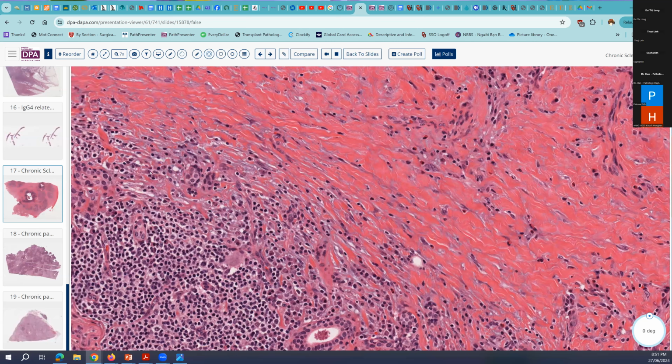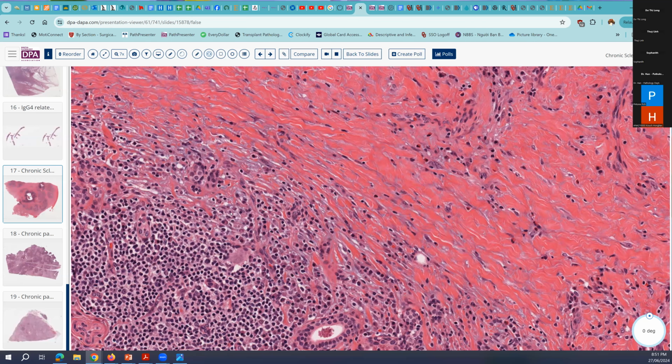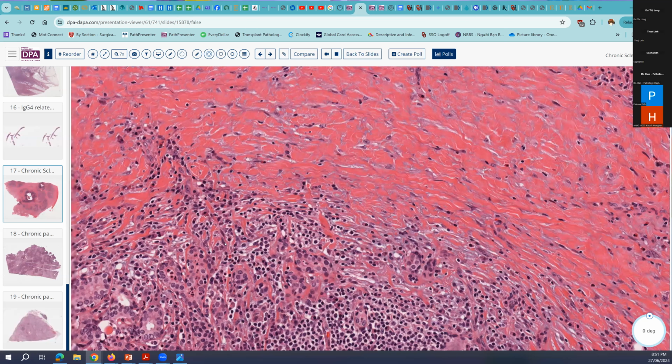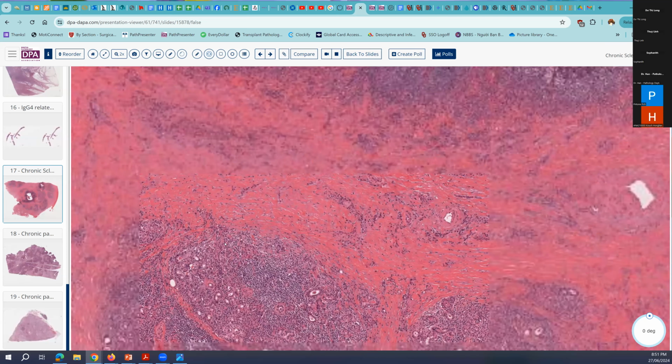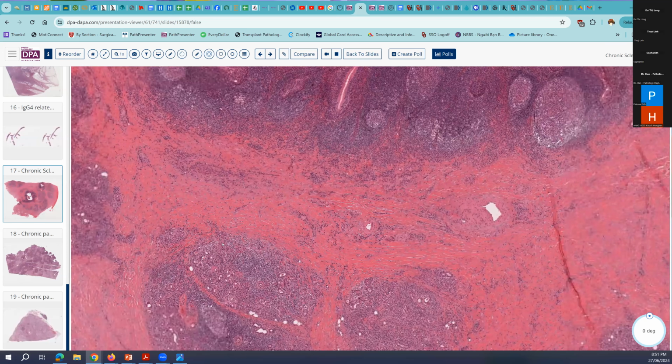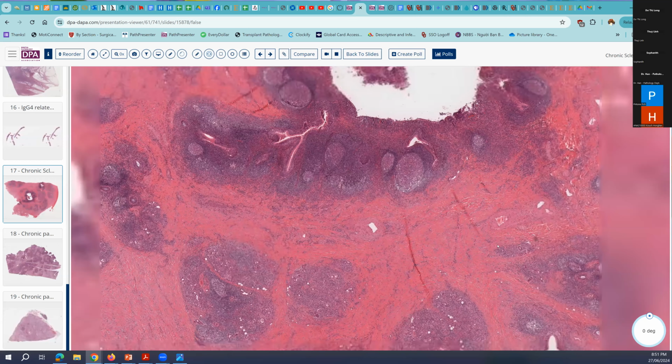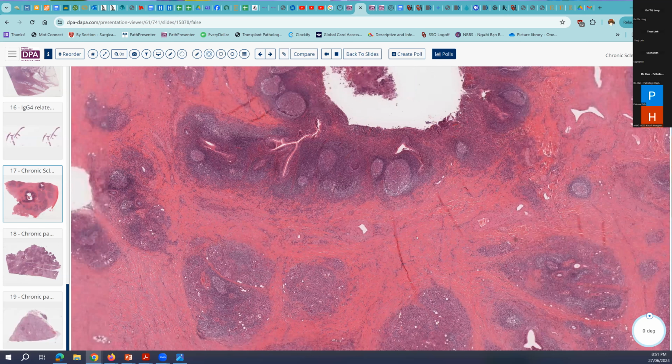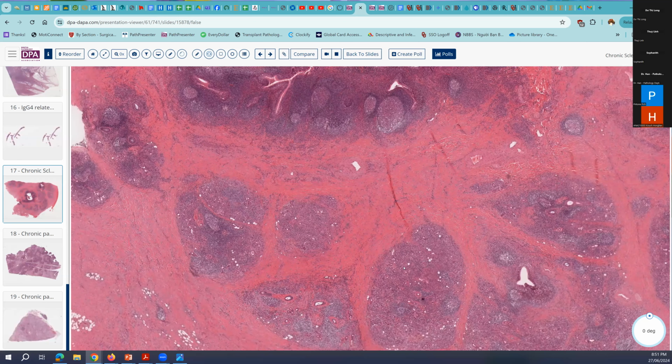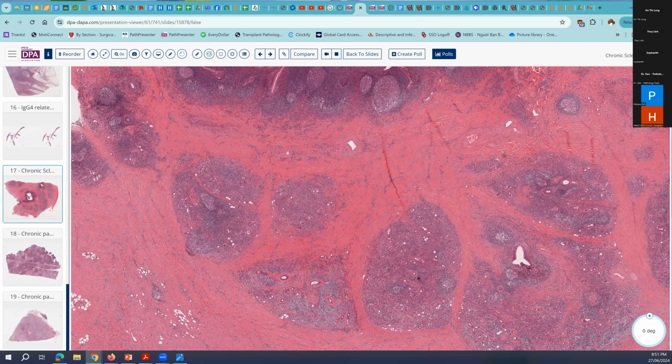IgG4 positive plasma cells were the dominant type of plasma cells in this lesion. Of course, that's in one way good news for the patient. They don't have cancer. And this lesion can be treated and other lesions prevented by use of steroid treatment.